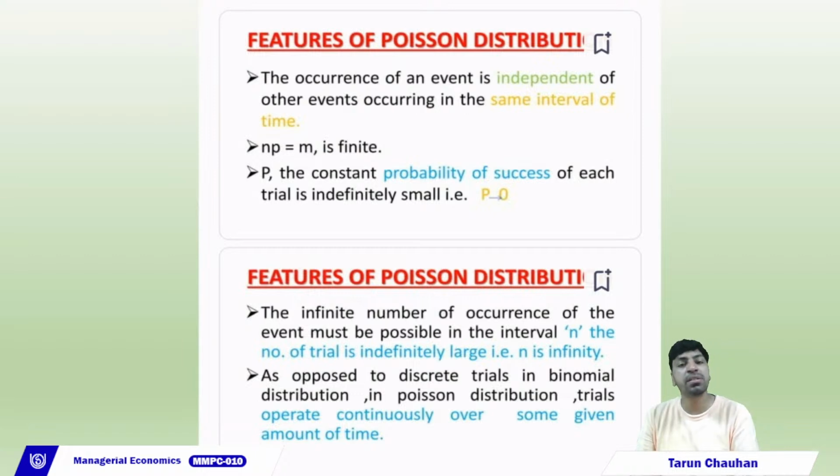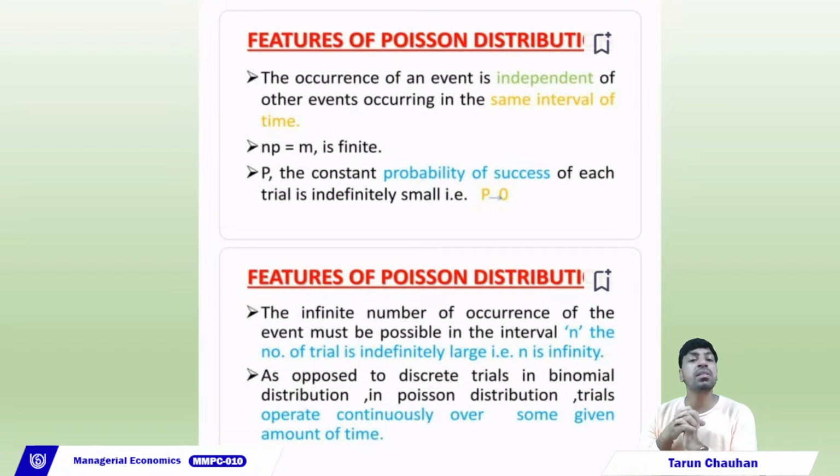So in the Poisson distribution, we cannot say it has an infinite number of values. When we talk about an infinite number of values, we are talking about the normal distribution, because there we talk about continuous data, but here we are talking about discrete data, so definitely it would be finite values.